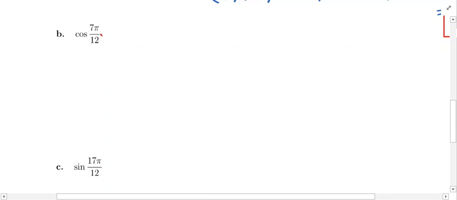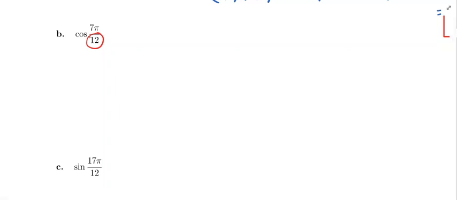This is going to be a little more difficult because it's a radian measure. But the hint here is that the denominator is 12, so you're probably going to be working with something over 3 and something over 4. We're going to be looking at the pi over 3 segments and the pi over 4s.